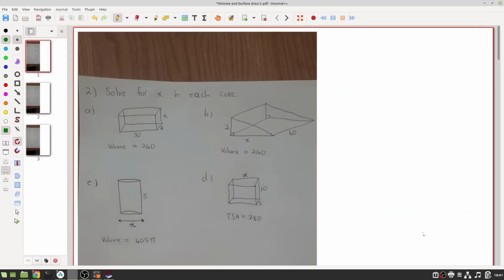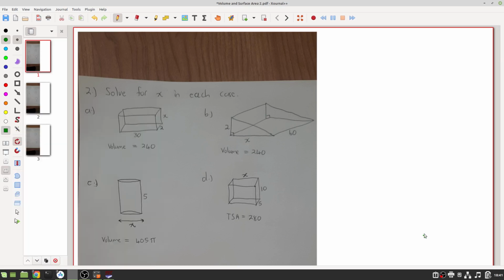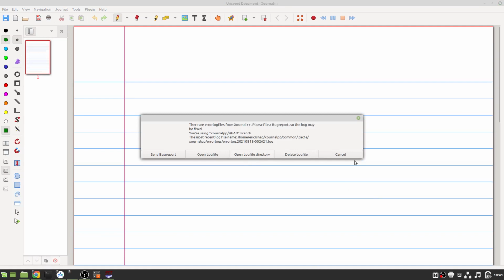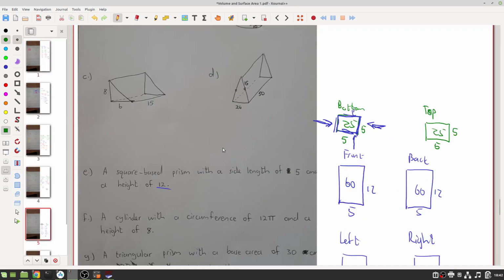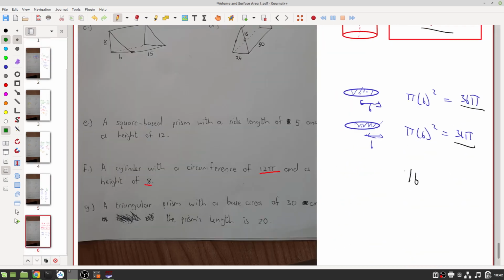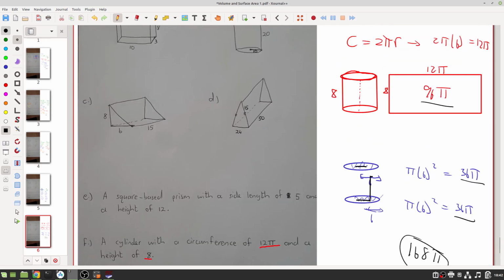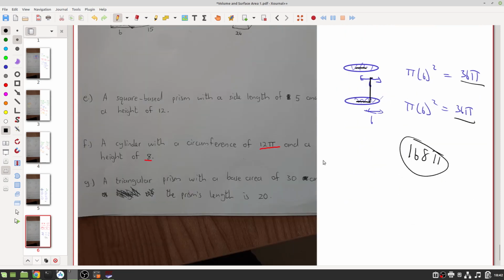Let me get back there. Restore file. Where were we? Okay, so 168 pi. That's our total surface area: bottom circle plus top circle plus the curved outside part. Those are the three parts of the cylinder.